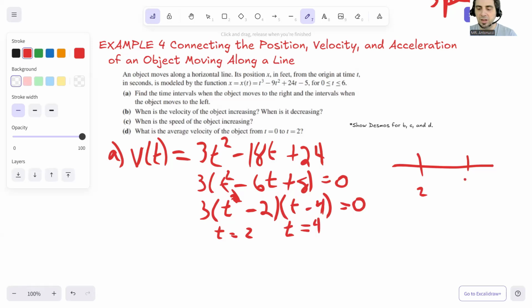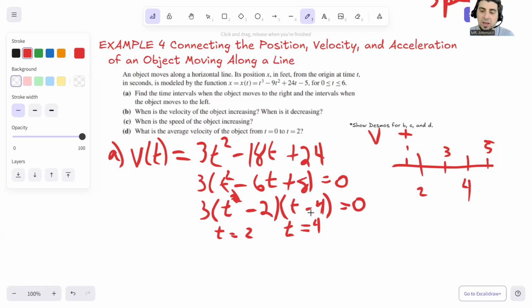So if I make a little sign chart here at 2 and 4, I can pick values on either side, so 1, 3, and 5, and test the velocity. At t equals 1, if I plug 1 into the factored form, I'd have 3 times negative 1 times negative 3, which would give me a positive velocity.